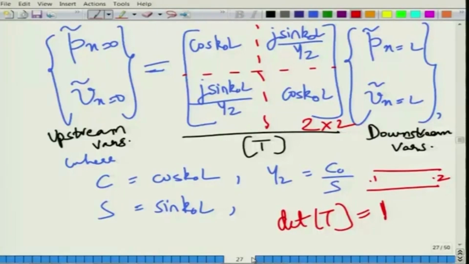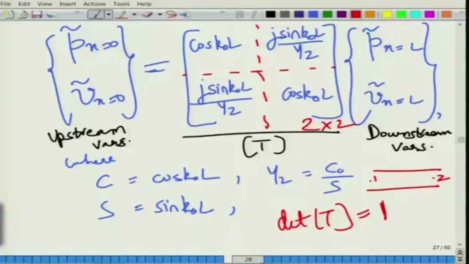Now that we have derived the transfer matrix for a uniform tube, this is valid whether it is a chamber of big diameter capital D naught or a small diameter, as long as plane wave propagation is there. So, what is the limit?